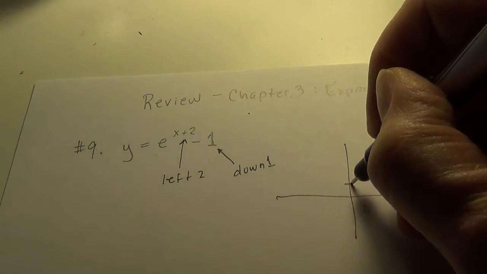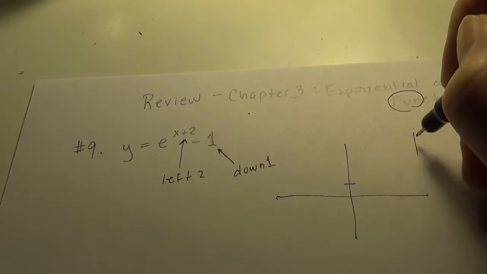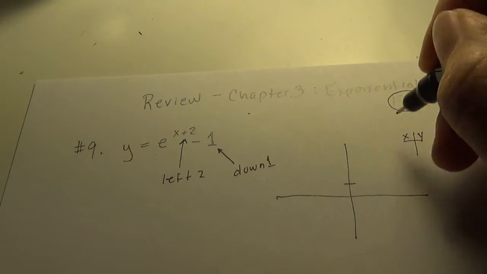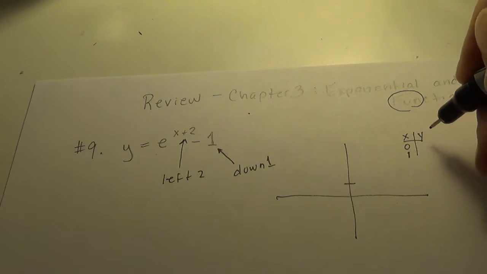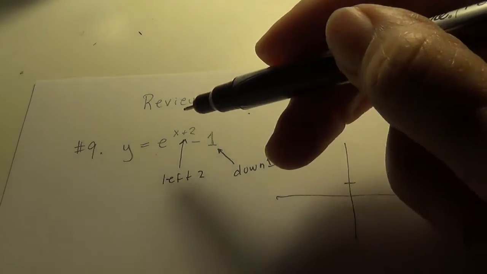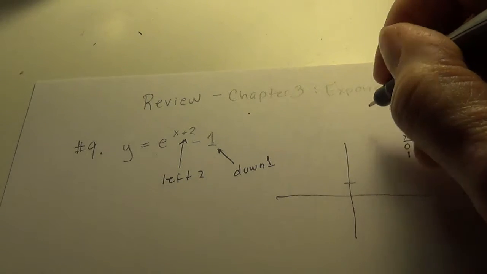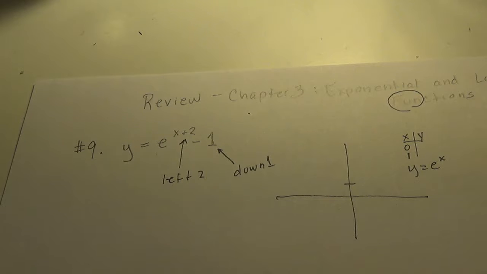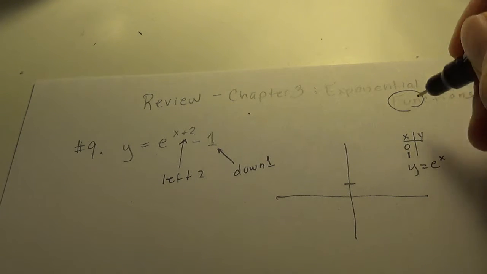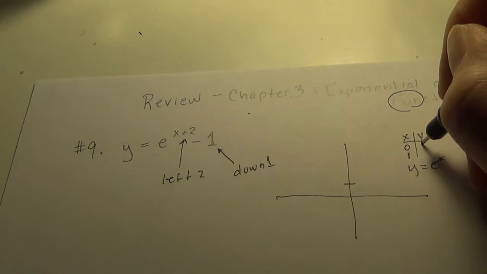So e to the x, we will graph 2 points, x and y, when x is 0 and when x is 1. I'm just graphing y, the basic graph, y equals e to the x first. When x is 0, e to the 0 is 1.